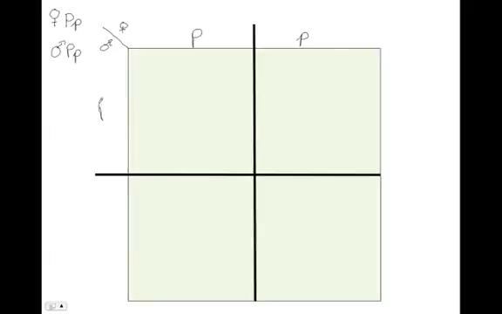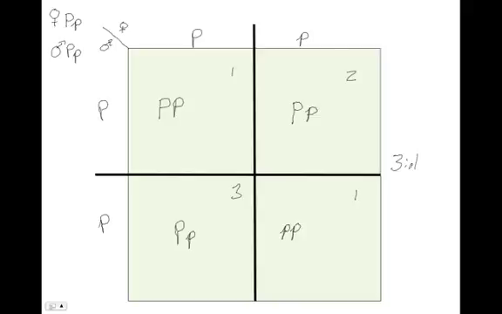The two sperm that the male can make, one for the widow's peak and a sperm with an allele for no widow's peak. If we allow these sperm and eggs to mix, we can see that we end up with, once again, our familiar 3-to-1 ratio of 3 individuals with the widow's peak and 1 without. So once again, we see a 3-to-1 ratio.